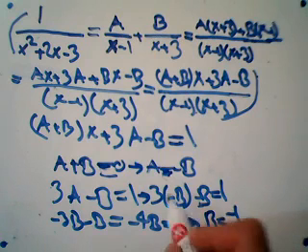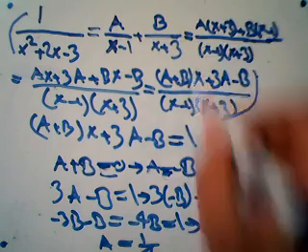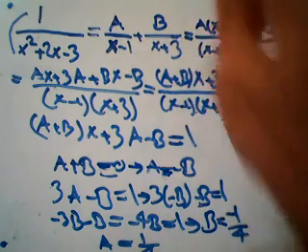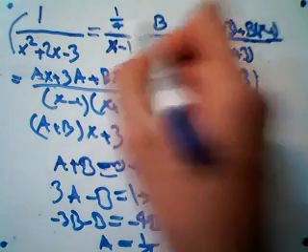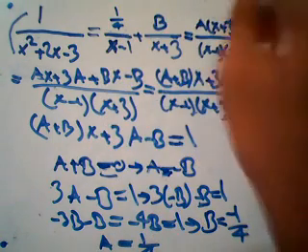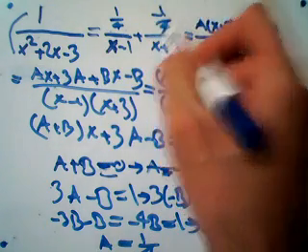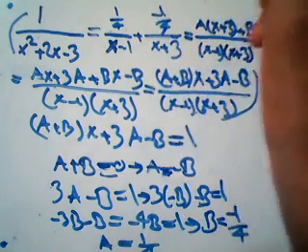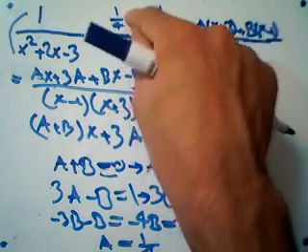Okay, now how about a? a is minus b, so a would be equal to plus 1 over 4. And now substitute here. a is 1 over 4, b is minus 1 over 4. We could write it as a usual fraction this way.